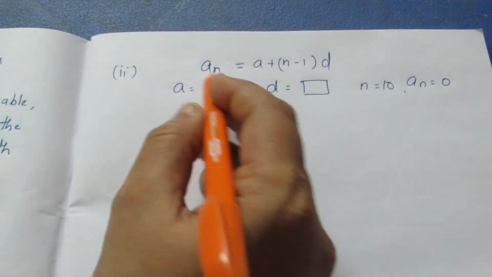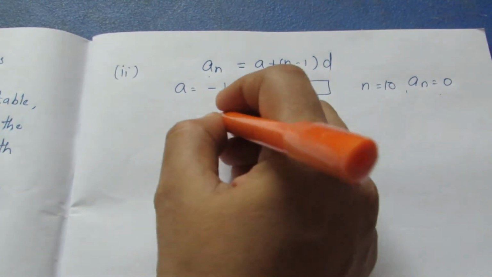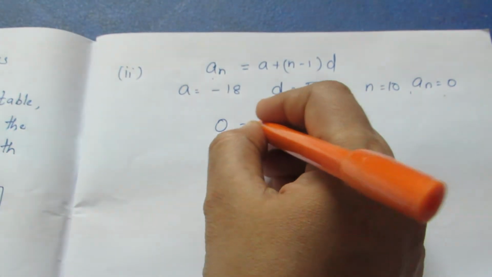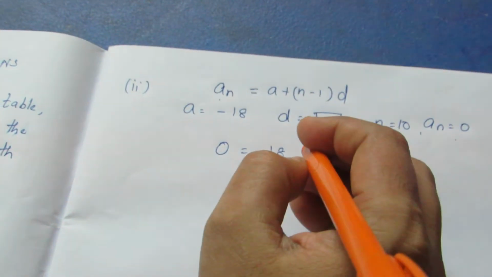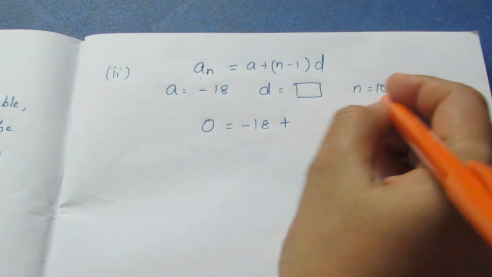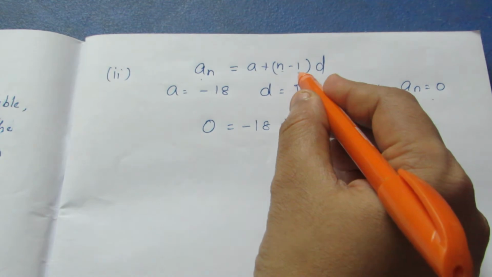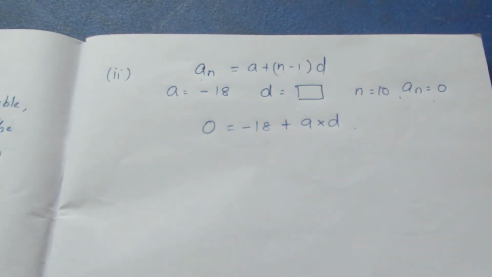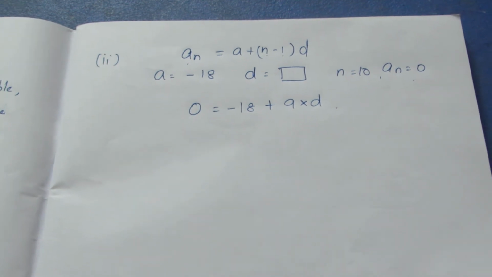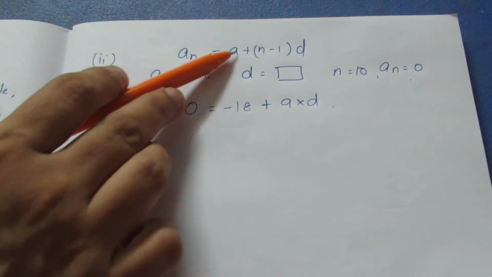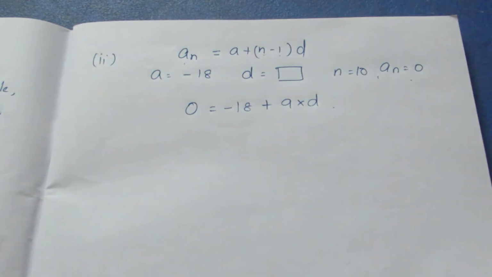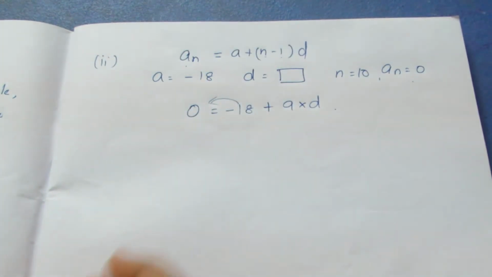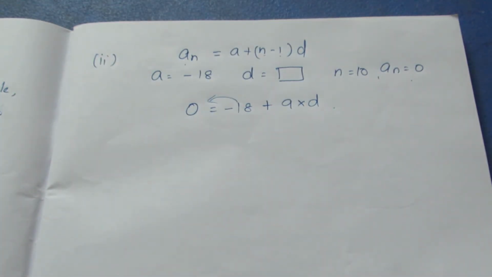Just substitute the values in it. AN we know to be 0, so 0 is equal to, instead of A we write minus 18 plus N is 10, so 10 minus 1 is 9, 9 into D. We don't know D, so I am going to write D as D itself. I am just substituting the values wherever given. Now bring minus 18 to this side. It will come as plus 18.